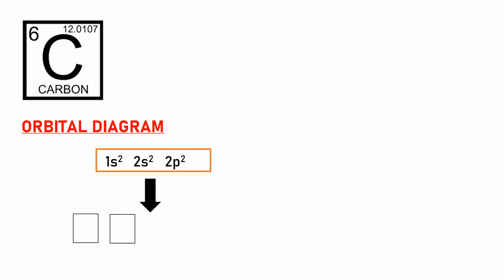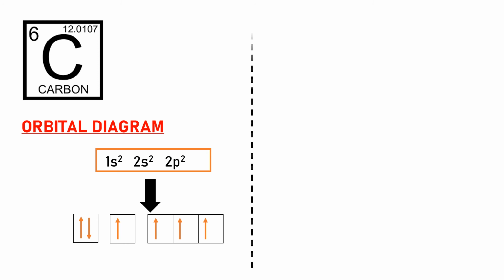For the orbital diagram, based on the electron configuration, we have 1s2, 2s2, and 2p2. Therefore, you can have 1 box for 1s2, 1 box for 2s2, and 3 boxes for 2p2. So you can have now the arrows. 1, 2, 3, 4, 5. Go back, downward, 6. So that's the orbital diagram for carbon.